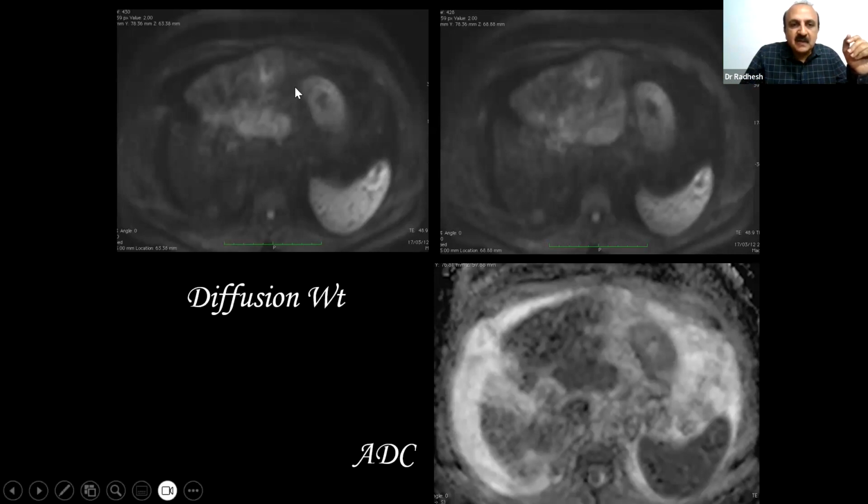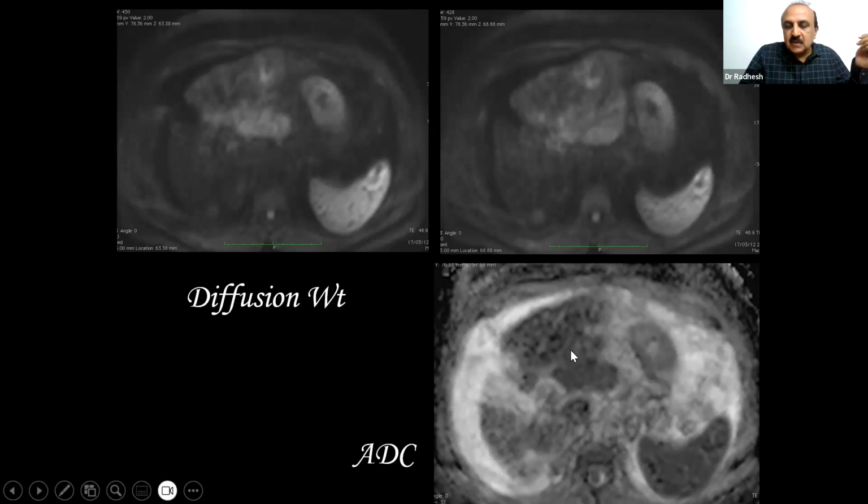Oh, you know, the entire left lobe is there. You also have segment 6 having the lesion. So this is a multicentric hepatoma. Okay, and what is this sequence? It looks so bad. It is exactly the reverse of diffusion, what we call the apparent diffusion coefficient. We can in fact measure the value here.